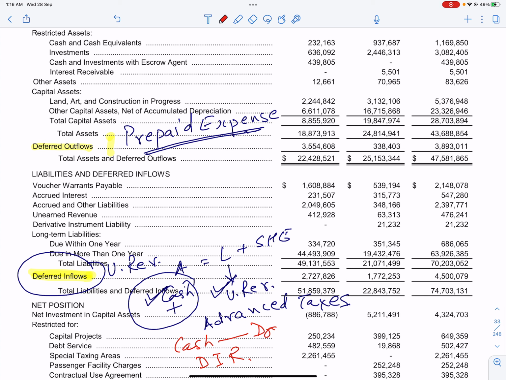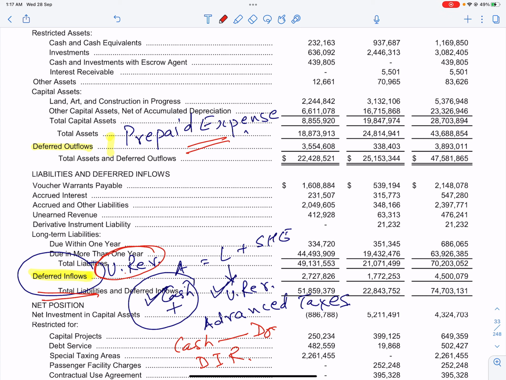Deferred inflow of resources acts like a liability, but we don't call it a liability as the government is not liable to the taxpayer. To summarize, prepaid expense is an asset and is called deferred outflow of resources, and unearned revenue is a liability and is called deferred inflow of resources in governmental accounting.